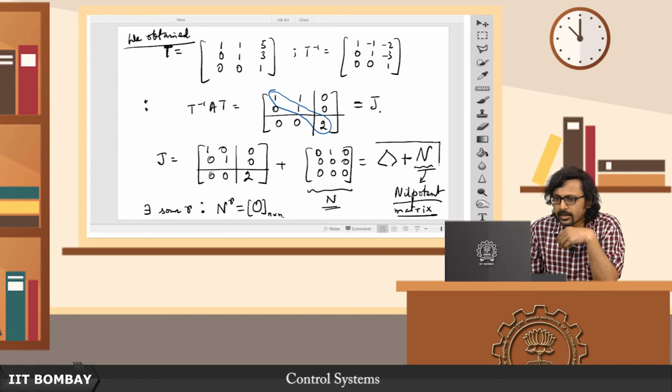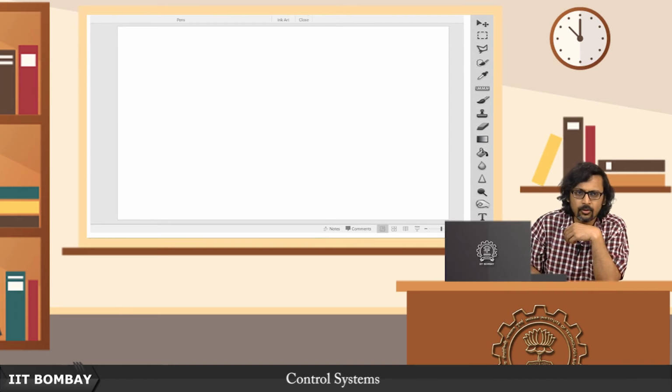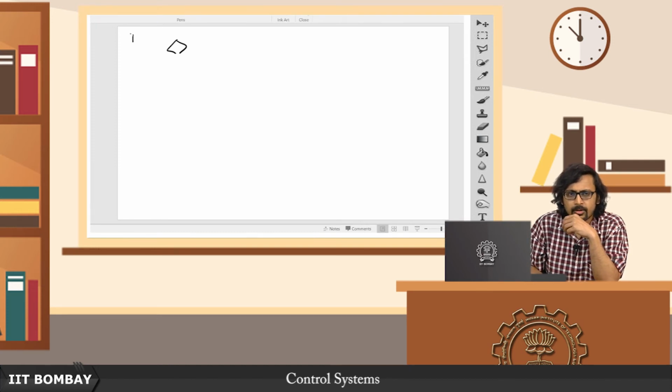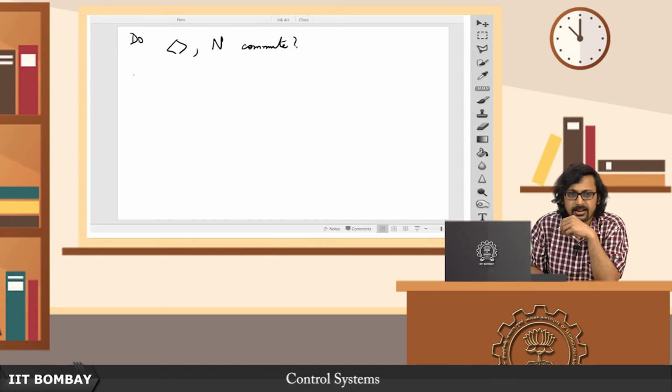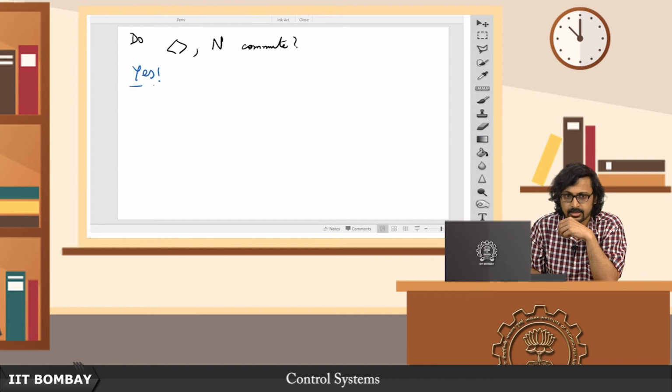It is almost diagonal except for this one term which is spoiling the party. So my question is, do this diagonal matrix and the one that is spoiling this party commute? And the answer is an emphatic yes, they do.